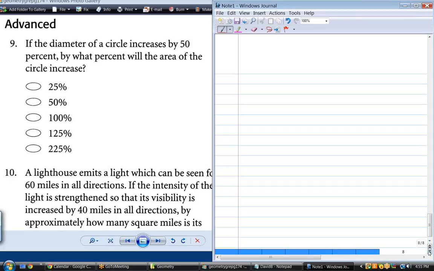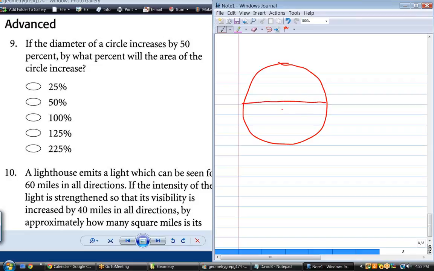Increase the diameter by 50%. What happens to the area? So that means the radius gets increased by, would it be also 50%? Yes, you're correct.